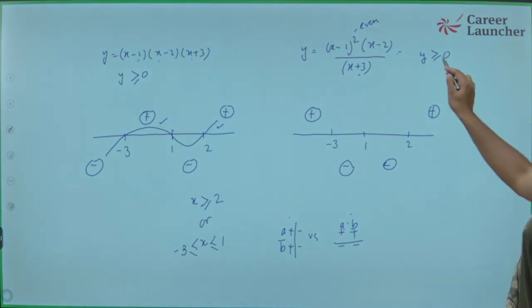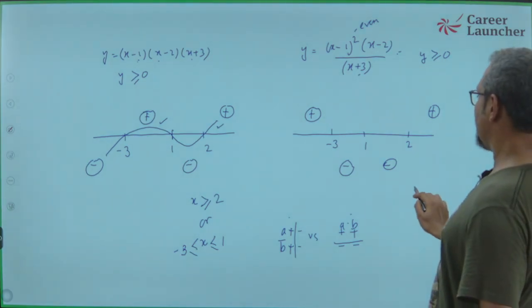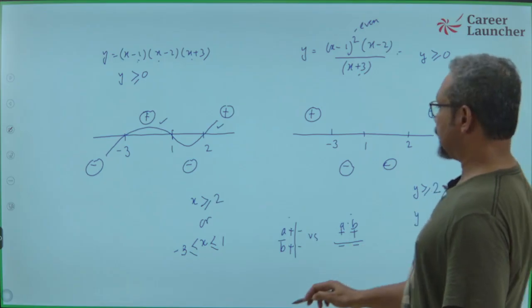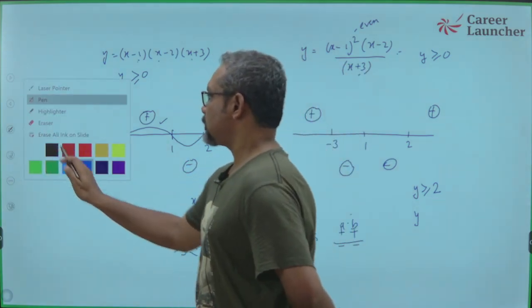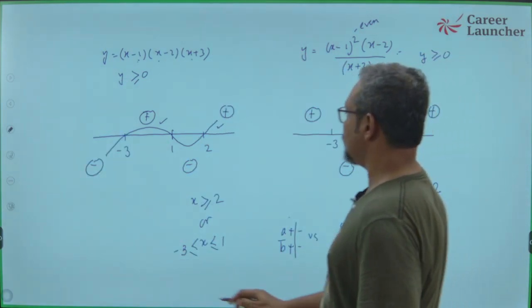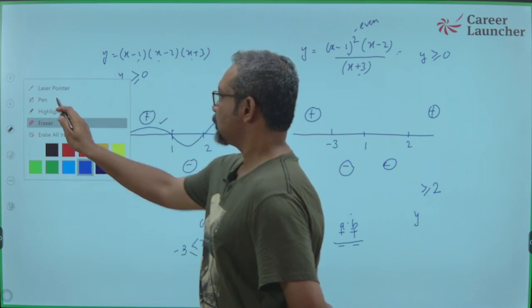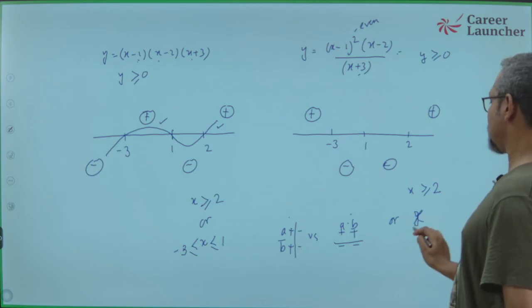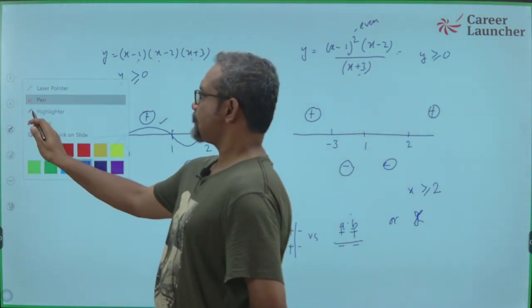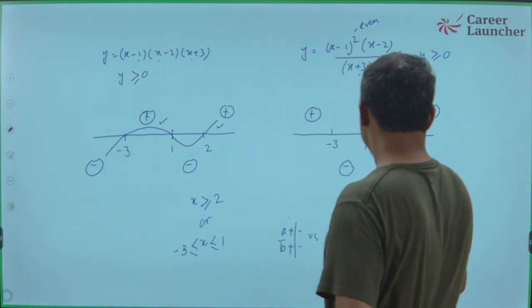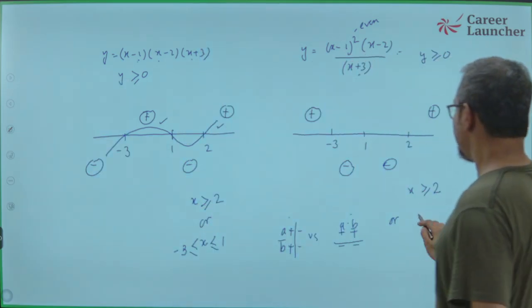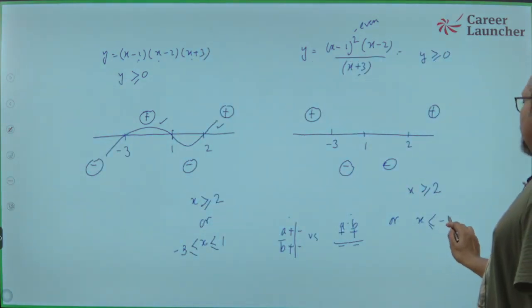Since we are looking at the positive side, we are solving for x greater than or equal to 2 or x less than or equal to minus 3.